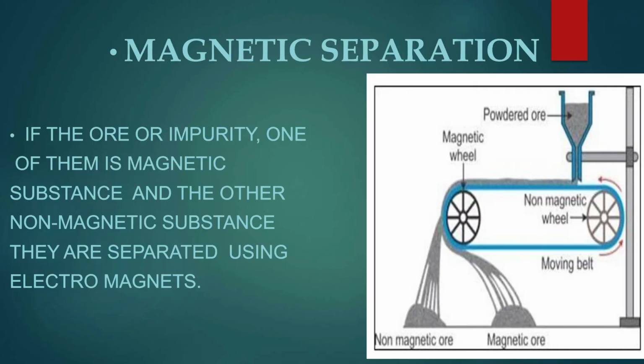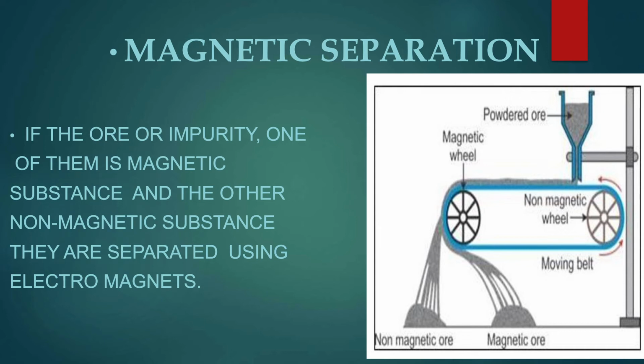Coming to magnetic separation. What is magnetic separation and how do we use it? If either the ore or the impurity is a magnetic substance and the other is non-magnetic, they are separated using electromagnets.